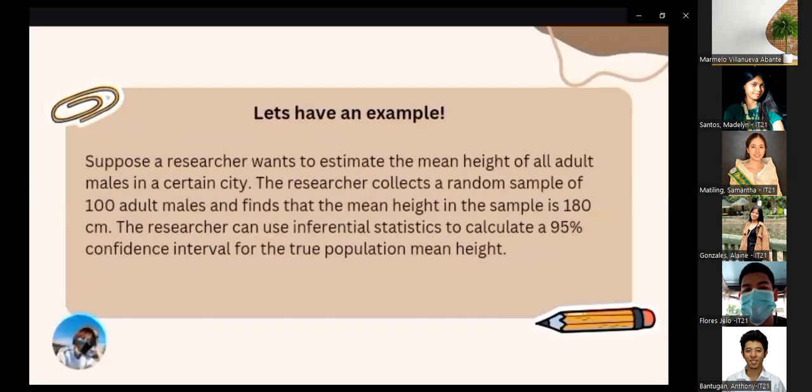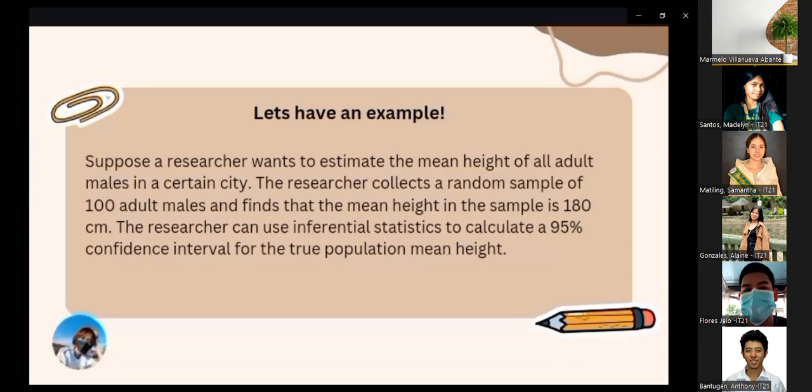Before ending the discussion, I'll show the formula for calculating a confidence interval with an example. Suppose a researcher wants to estimate the mean height of all adult males in a certain city. The researcher collects a random sample of 100 adult males and finds that the mean height in the sample is 180 centimeters.